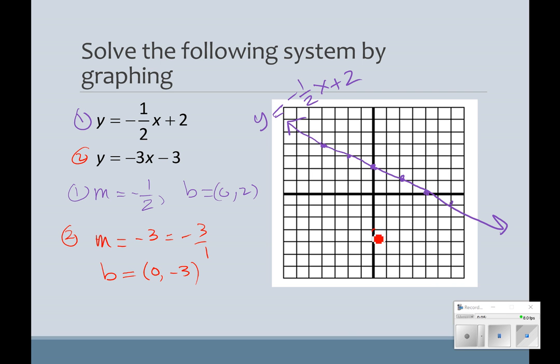So I'm going to go down to (0, -3) to start. Then I'm going to go up 3, and then I have to go in the negative direction, or to the left 1. Up 3 and to the left 1. So when I graph that, I can clearly see that they intersect at the point (-2, 3).